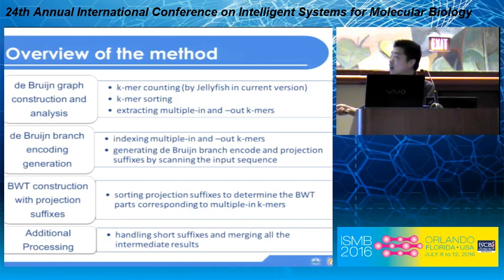In the second step, deBWT indexes the multiple-in and multiple-out k-mers and generates the de Bruijn-branch encoding and the projection suffixes simultaneously by scanning the input sequence. And in the third step, deBWT sorts the projection suffixes directly to determine the BWT parts corresponding to the multiple-in k-mers. Additionally, after these 3 steps, deBWT also handles some short suffixes, for example, suffixes shorter than k characters, and merges all the intermediate parts to accomplish the construction.